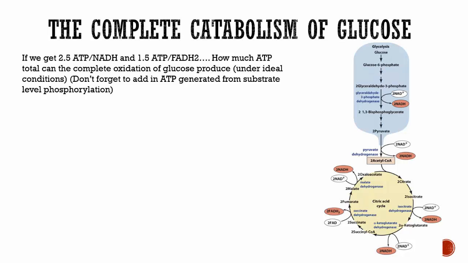Assume that we do not go through the pentose phosphate pathway or any other detours from glycolysis or the citric acid cycle. Also remember, don't forget to consider the ATP that is generated from substrate level phosphorylation.